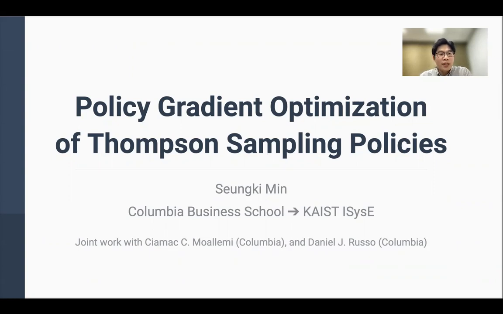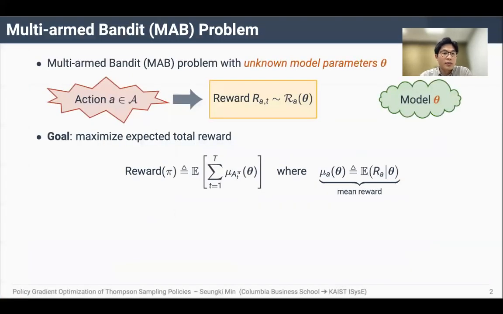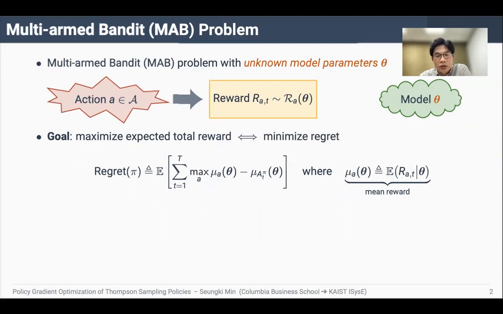I believe many of you are already familiar with the multi-armed bandit problem, but let me introduce the Bayesian notation. We'll be given a set of actions that we can select at each time, and each action will yield a random reward drawn from some unknown reward distribution. This unknown reward distribution will be parameterized by some unknown model parameters, theta. Our goal is to maximize the total reward, which is equivalent to minimizing the regret.